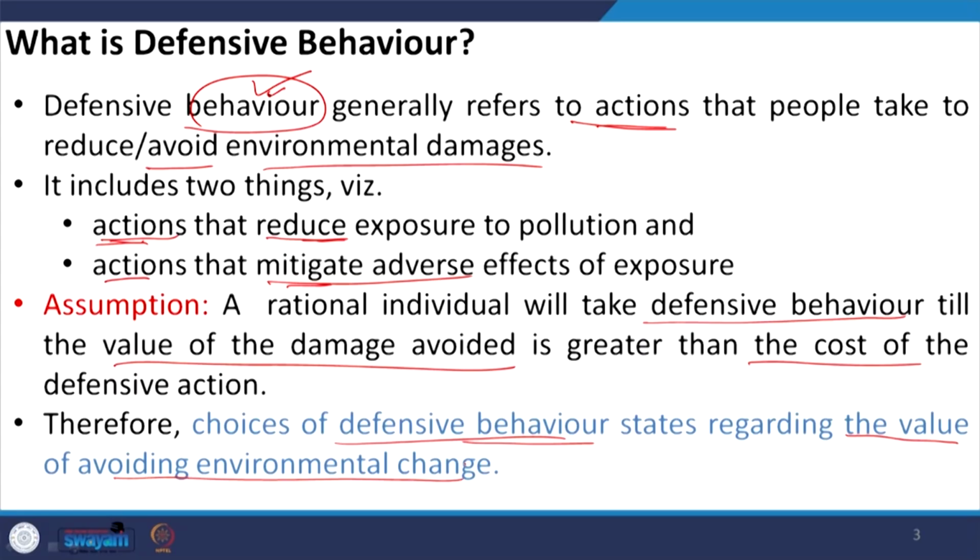So in this regard, after understanding defensive behavior itself, now we will be discussing what is defensive expenditure. So if you are thinking that you will be prone to air pollution, and you may suffer from diseases like asthma, you are doing some kind of action in order to reduce or mitigate the bad, like air pollution.